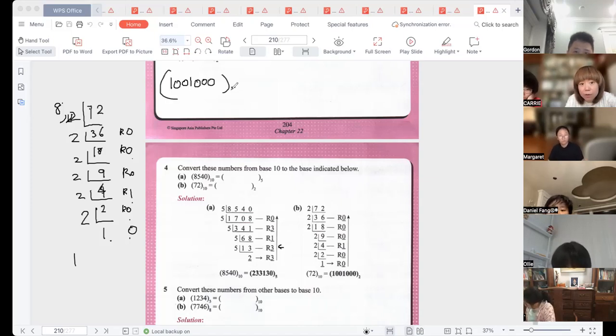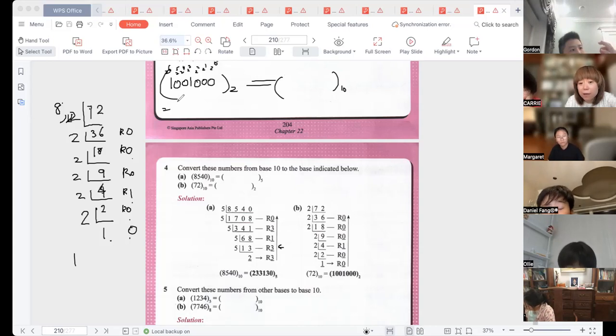I told you there's a number 1, 0, 0, 1, 0, 0, 0. It's a base 2. But how to transfer them into base 10? How do we do it? That's the same thing, okay? This is 2 power 0, 2 power 1, 2 power 2, 2 power 3, 2 power 4, 2 power 5, 2 power 6.